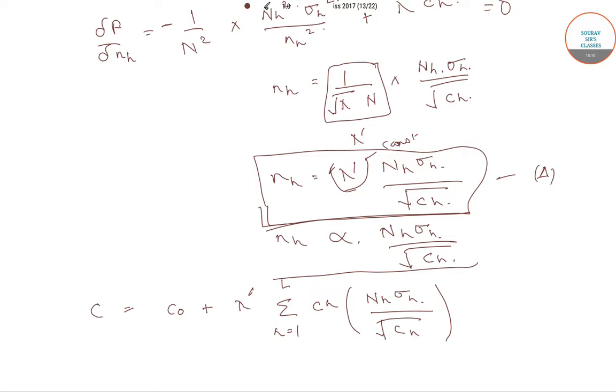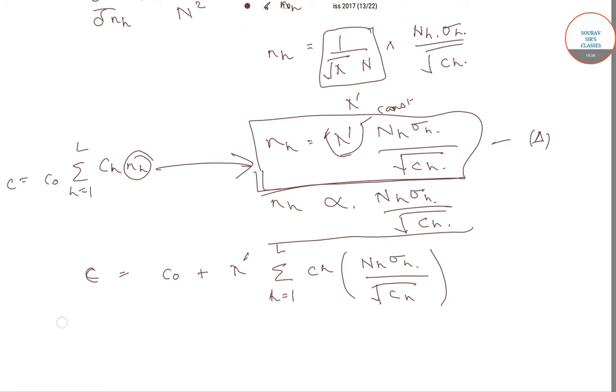So then we would get C equal to C naught plus lambda dash into summation h goes from 1 to L of ch into Nh into sigma h divided by root ch. So C is equal to C naught plus summation h goes from 1 to L of ch into nh. Here we are substituting this nh with equation delta, so we will get this.